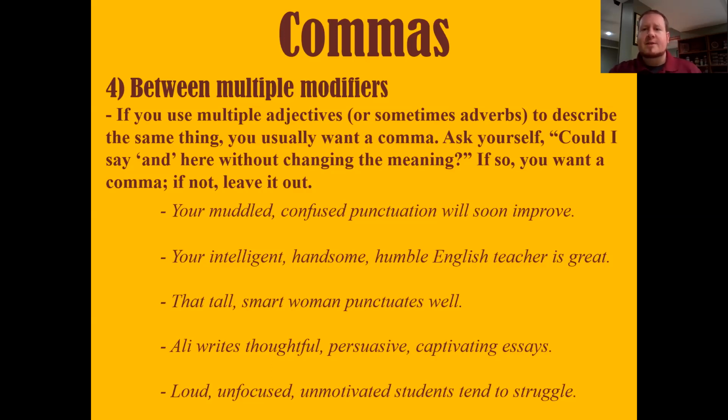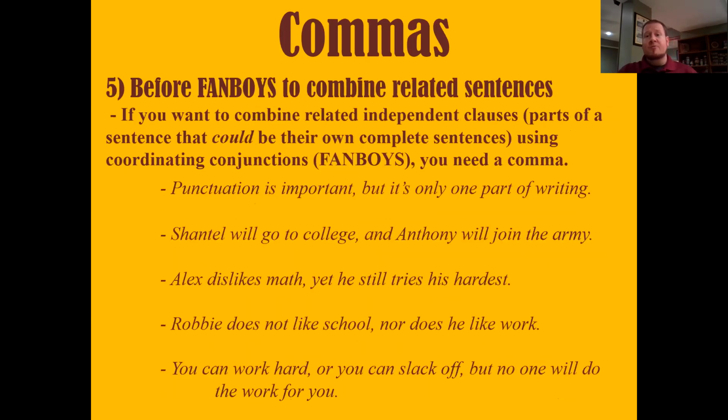Rule 4 isn't really that tricky. For most people, in most cases, it's pretty straightforward. You just want to be careful and remember that when you're not sure, think about, could I say and? That's rule 4. And then rule 5. Rule 5 is one of the ones you've been drilled on the most. Okay, most students have been learning rules 3 and 5 since somewhere in elementary school.